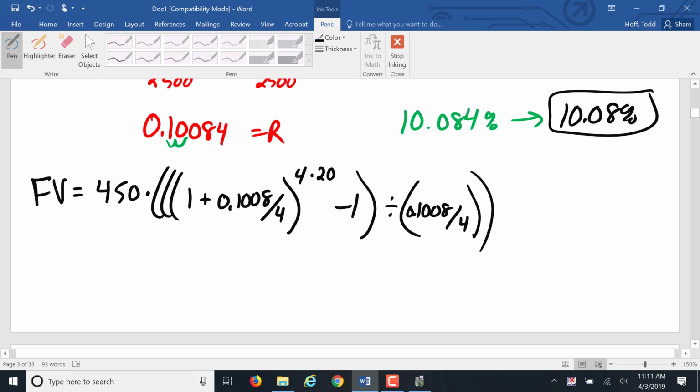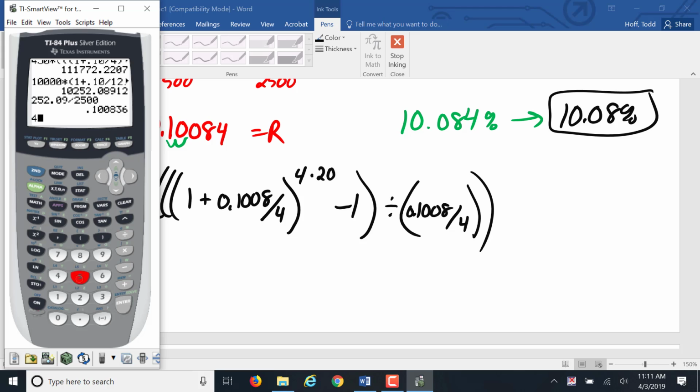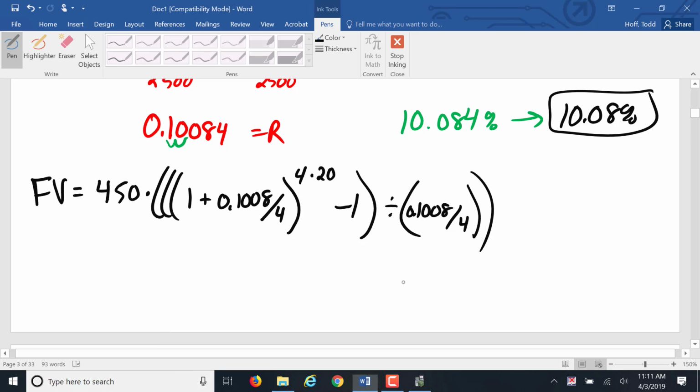So this 10% compounded monthly is equivalent to 10.08% compounded quarterly. Giving us a future value of $112,910.34.